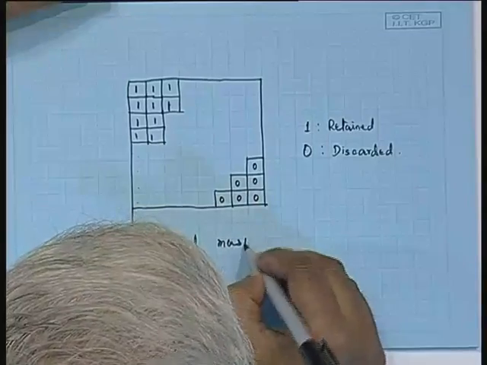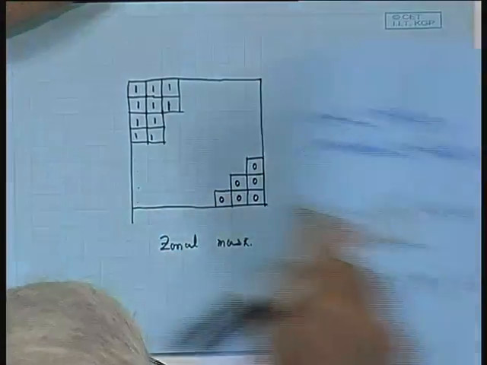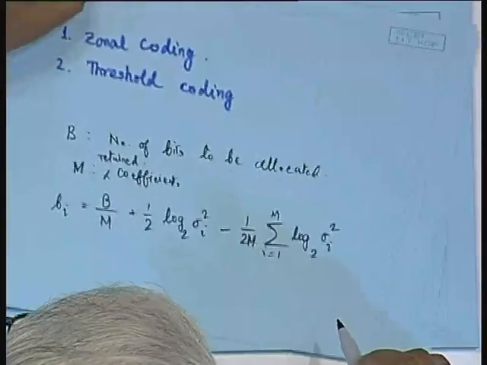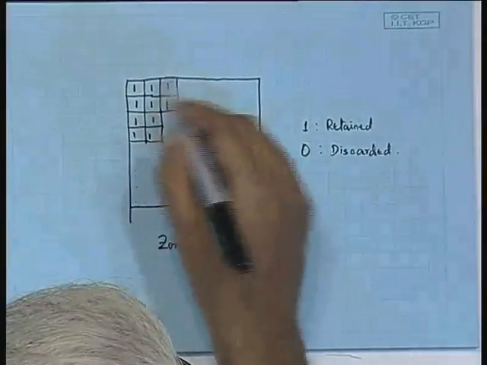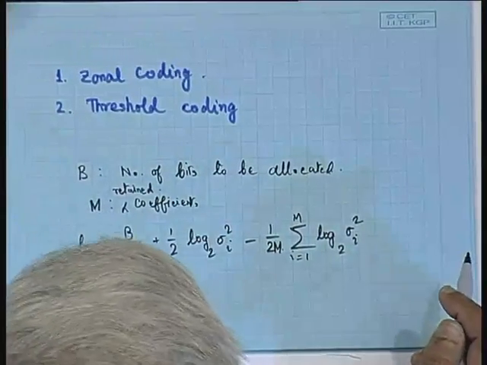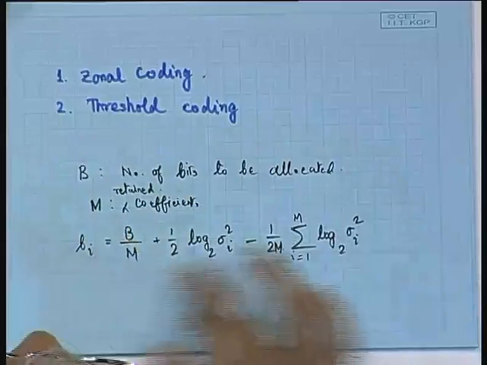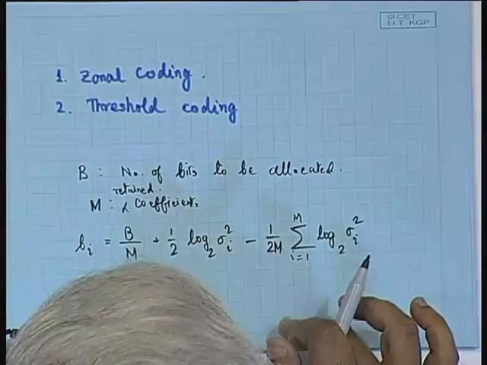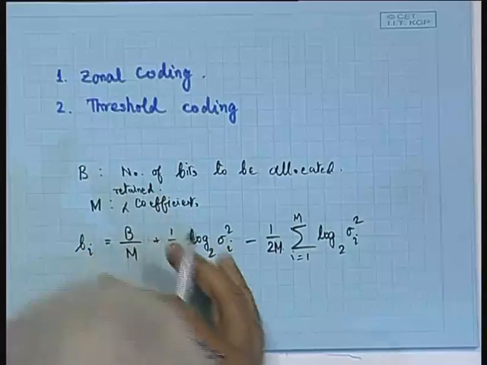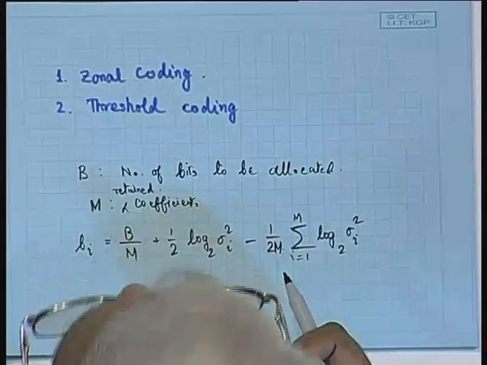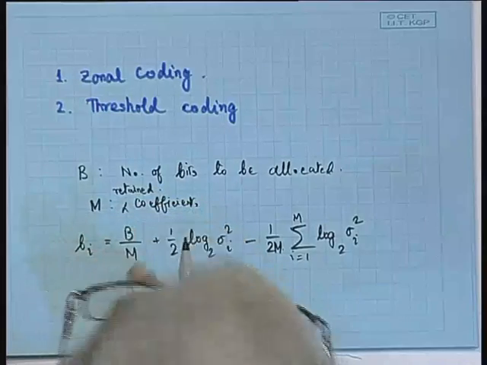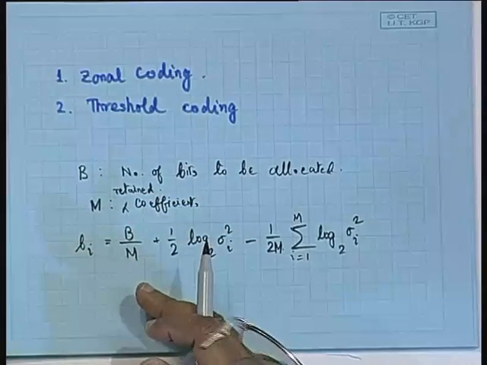So, in the case of zonal coding, what we do is that we apply a zonal mask like this, and for each of the retained coefficients, if there are m number of retained coefficients, the bit allocation could be like this. You just see that if you add up all these b_i's, i equal to 1 to m, then what you are essentially getting is B, because B by m is there for everything, there are m number of retained coefficients.